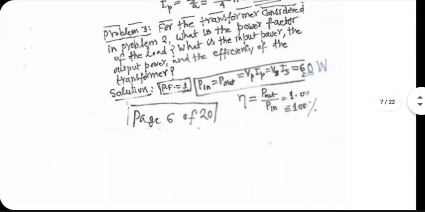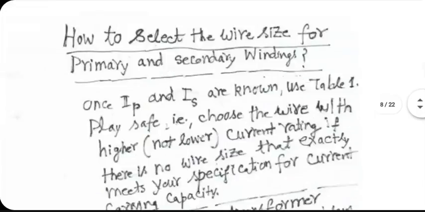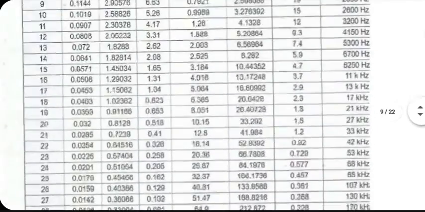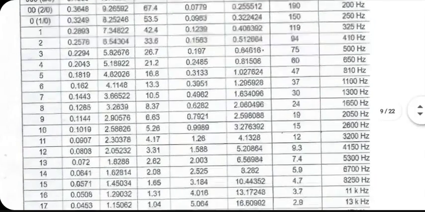Okay. For secondary current, the value is 0.5 ampere. So let's go back to the table. Choose 0.5 or closest. So I guess 0.577 will do the job. Don't choose 0.457. That's lower than what you need. 0.577 is safer. I hope I'm reading the current.